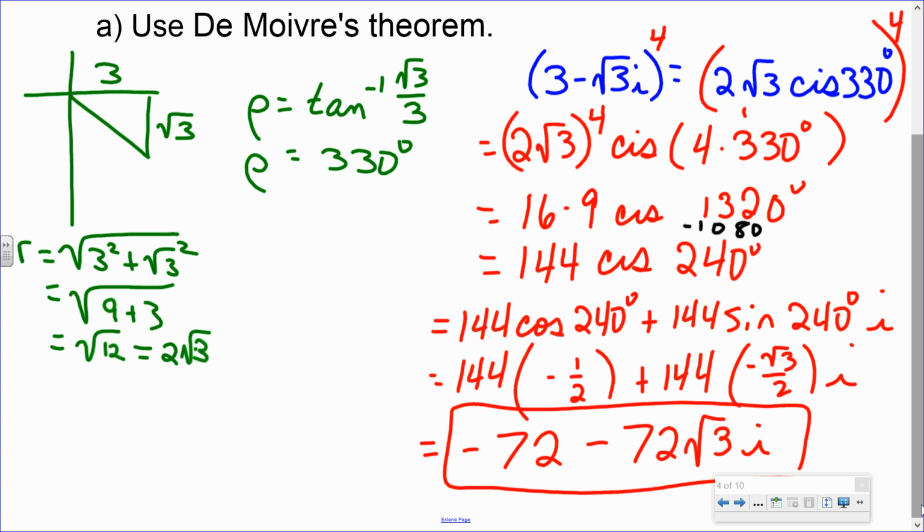If they just say find this power, then it's your choice. And you're right, it may be easier to FOIL it out if the power is small than to do the converting back and forth. So read the directions, and then if it is your choice, think about which one would be easier on this problem.